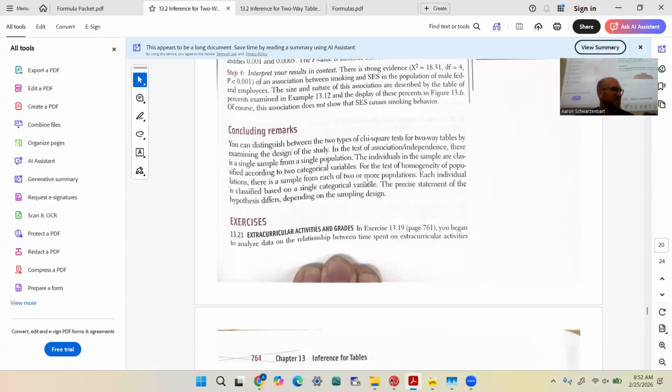So this one was one population, but different characteristics about them, socioeconomic status and smoking, but one population, male federal employees. The cocaine treatment was different populations, cocaine addicts trying to quit, taking a different drug and looking at the same thing about them. That makes sense?